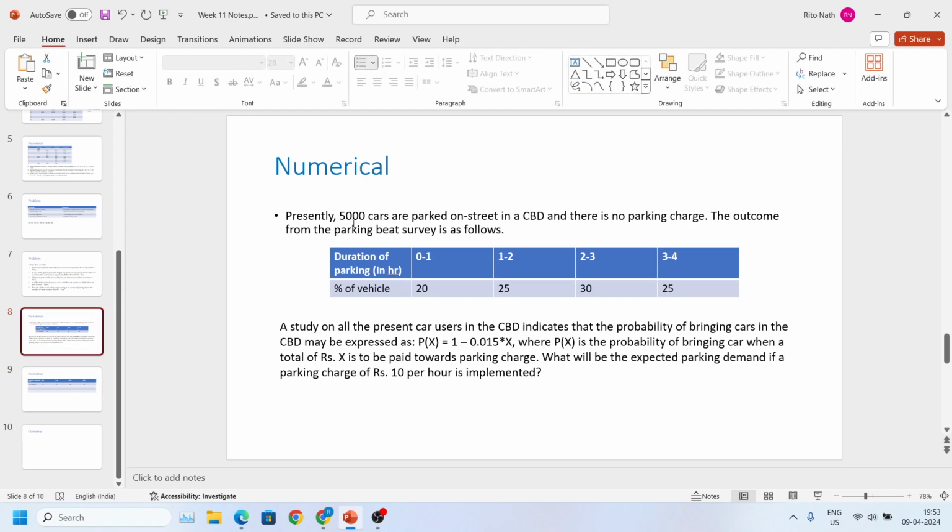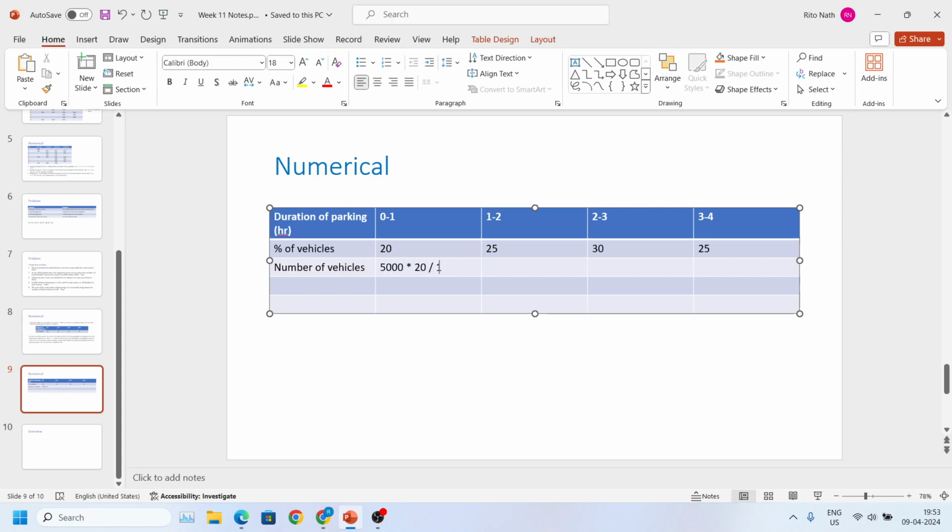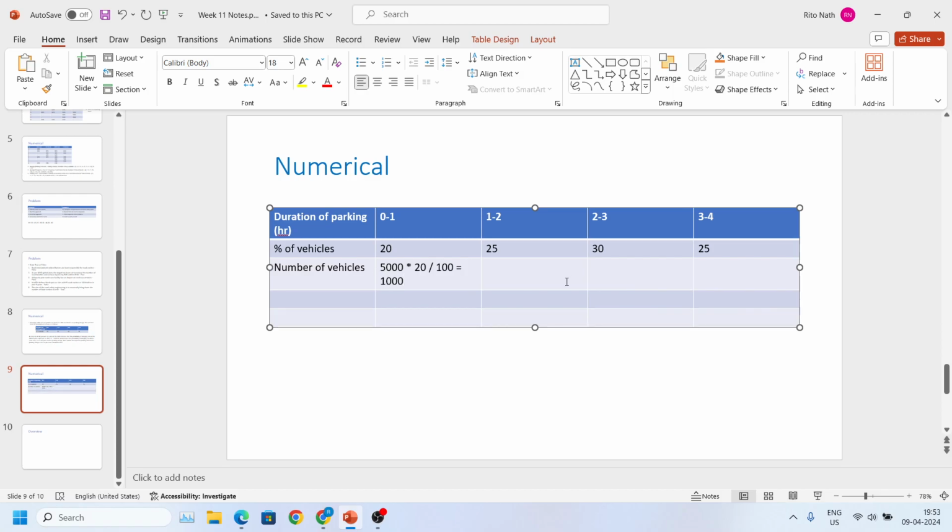Your total number of cars is 5,000. Now you can find the number of vehicles. This is 5,000 times 20 divided by 100, which comes out to be 1,000. Similarly, 25% comes out to be 1250. 30% of 5,000 comes out to be 1500. And again, 25% is 1250. These are the number of vehicles.